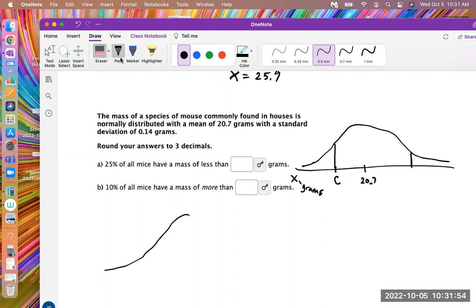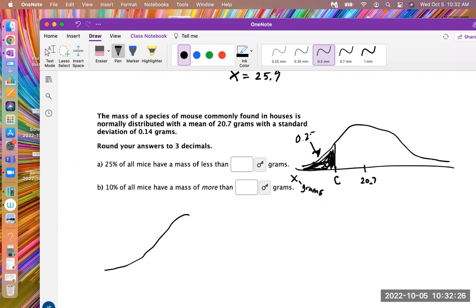So it's somewhere to the left of the 20.7 mean. This is the region. The area that represents less than this given value, to the left, is 0.25.